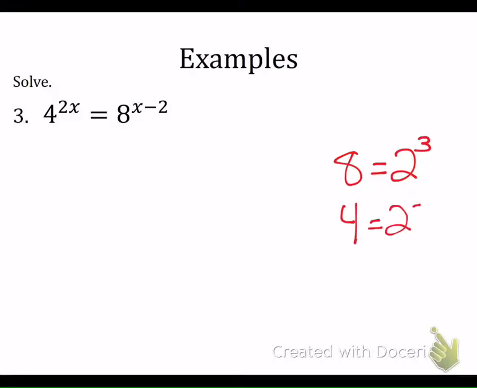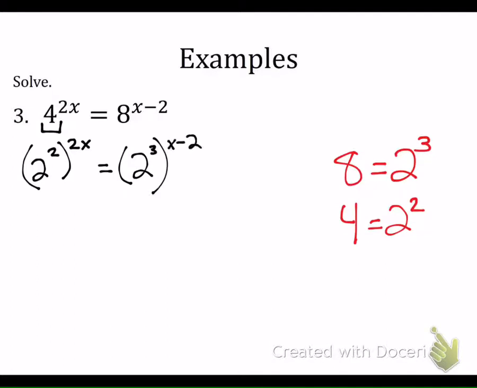To the 2nd, okay? So you can change both of them to have the same base. Instead of 4, I'm going to write 2 squared to the 2x. Instead of 8, I'm going to write 2 to the 3rd to the x minus 2.